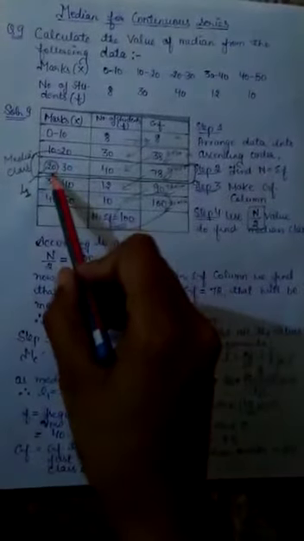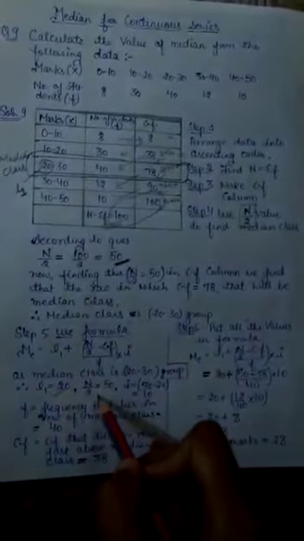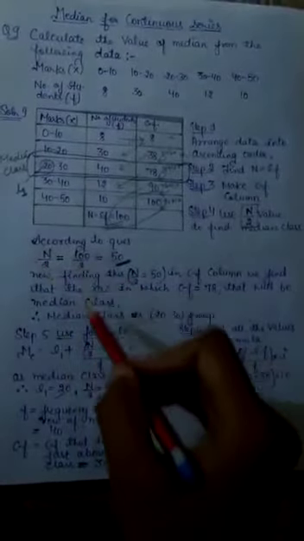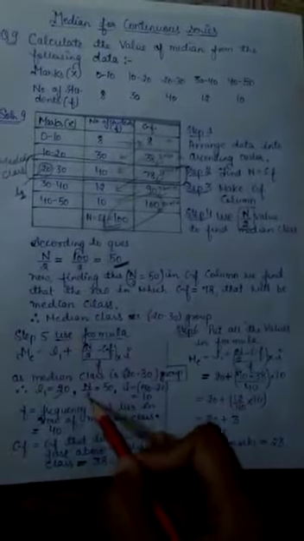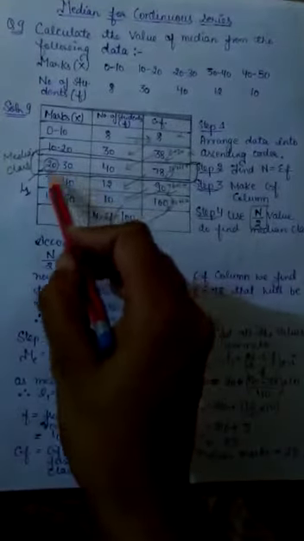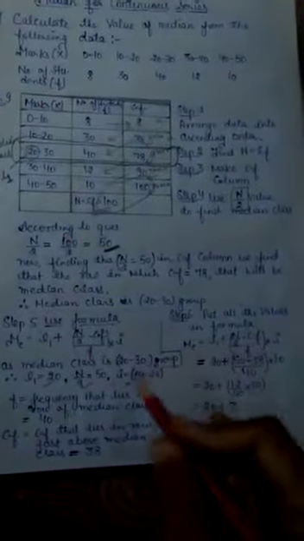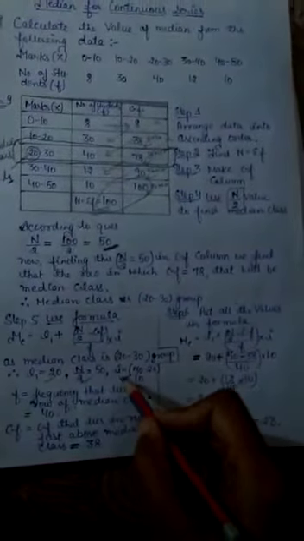From this group, the lower limit L1 is 20. What is n by 2? Here you have calculated n by 2 is 100 by 2, that is 50. What will be your I? The difference between this 20 and 30. What is the difference? 21, 22, 23, 24, 25, 26, 27, 28, 29, 30, 10. The difference is 10.